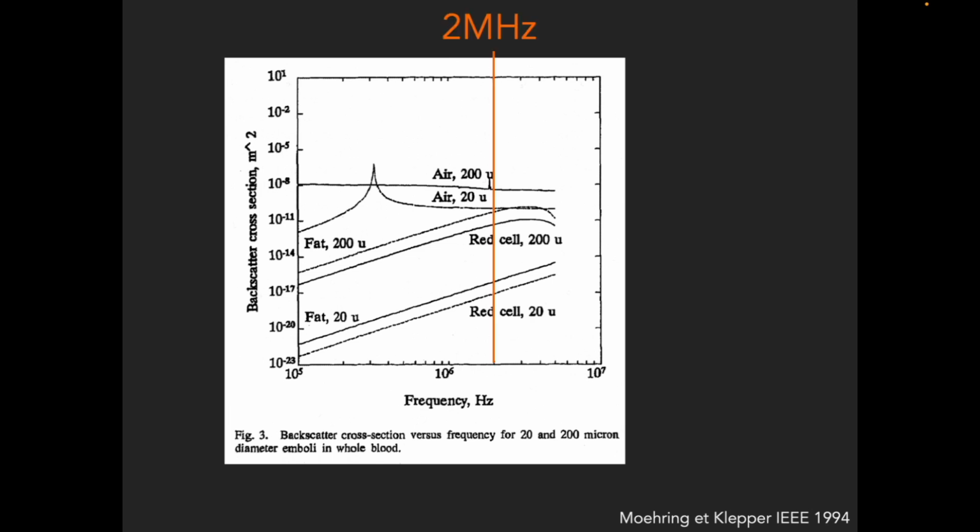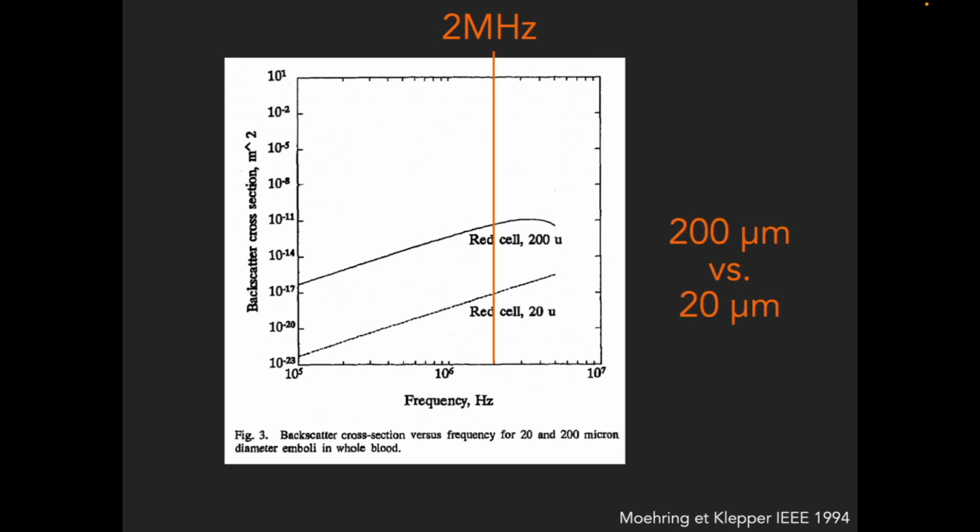Let's focus on the frequency which is used by almost all TCD machines, 2 MHz. Additionally, we focus here just on the red blood cells. It is obvious that the larger the particle, the more ultrasound is backscattered.